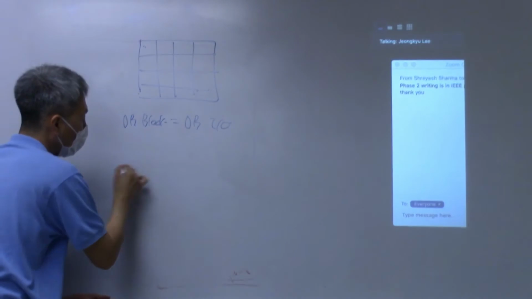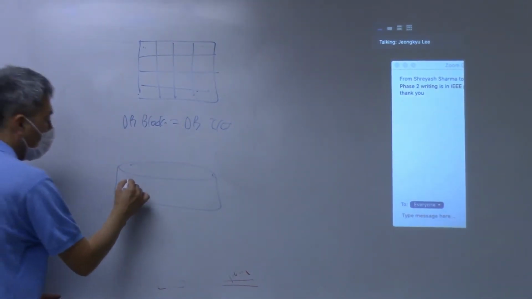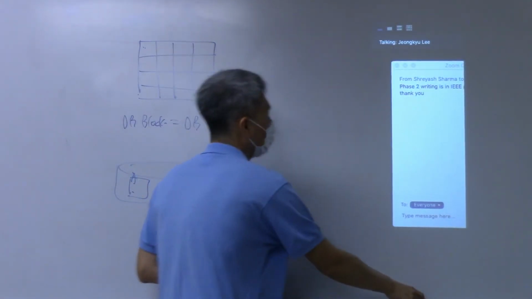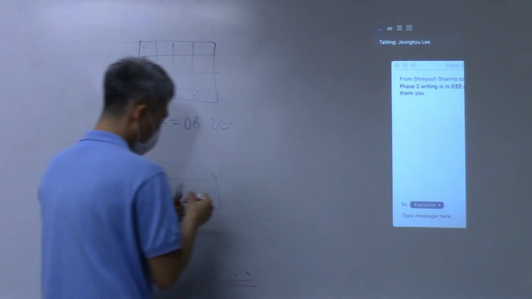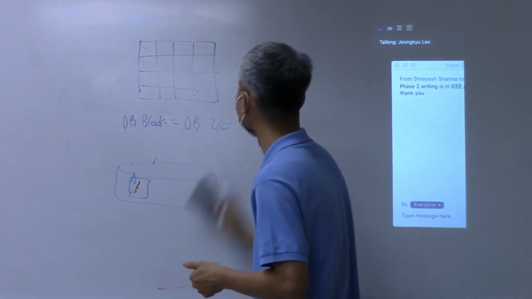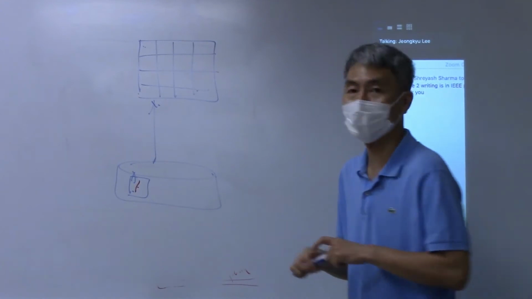So when you read the data from the persistent storage, we have A equal to 1 right now. So this is our database.